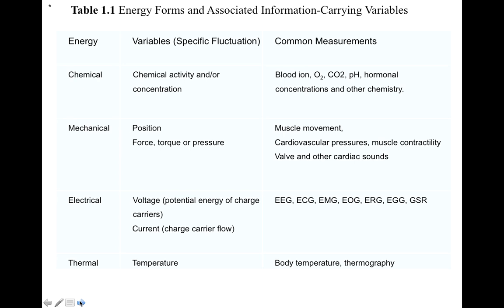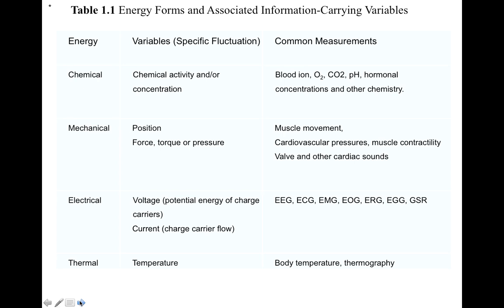And common measures here might be different ions in your blood, oxygen levels, CO2 levels, pH, hormone concentrations, and then any other measures that involve chemistry, chemicals, or chemical compounds. Mechanical energy variables might be position, force, torque, or pressure. Some of the common measurements here might include muscle movement, cardiovascular pressure, muscle contractibility, your heart valve, and other cardiac sounds.